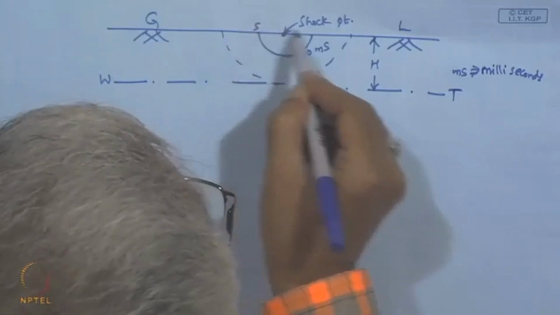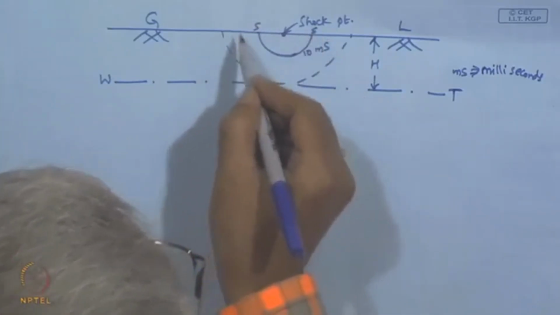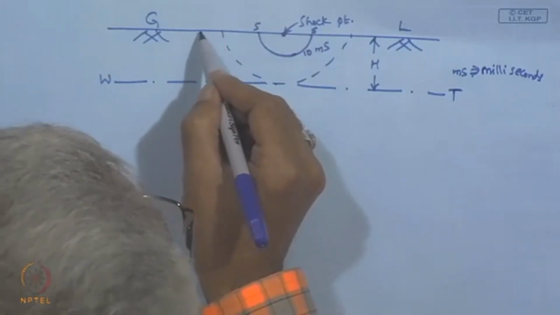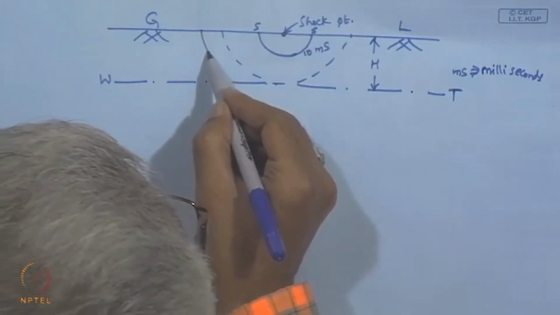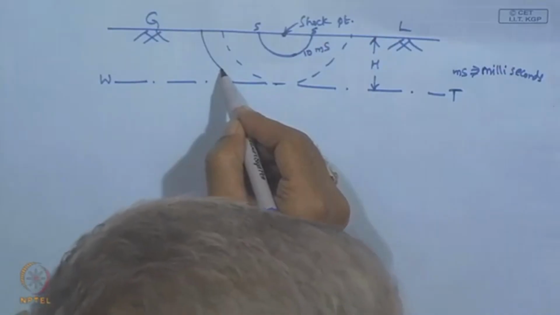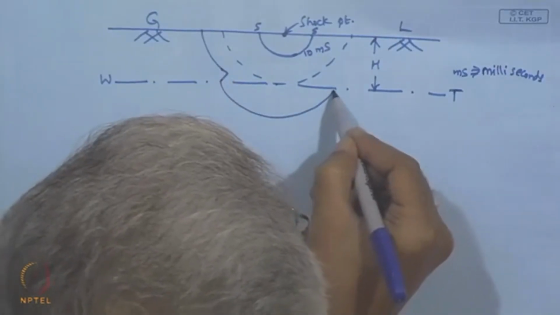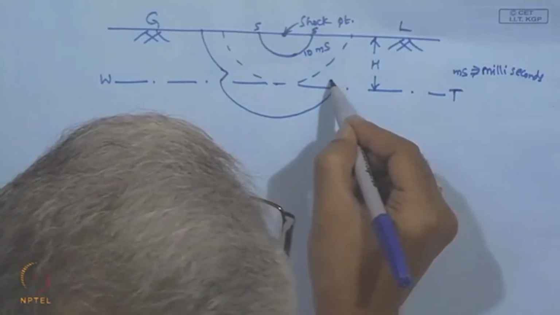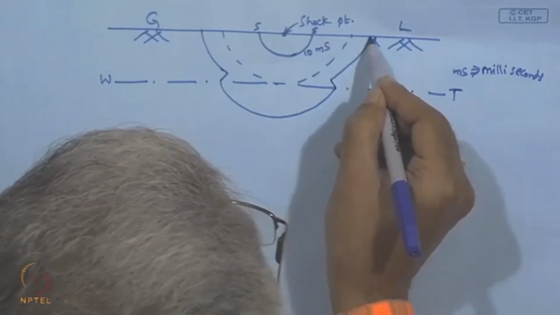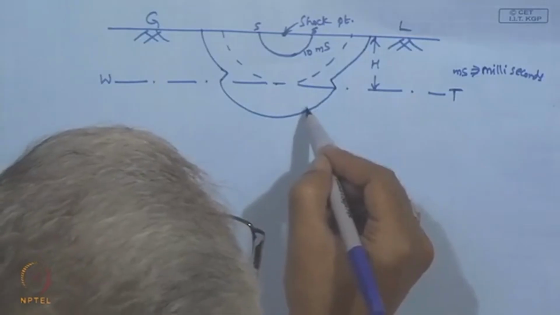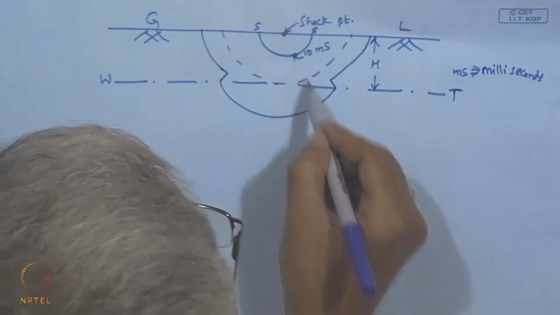So this is at a distance of 5, and here this represents 10 milliseconds.